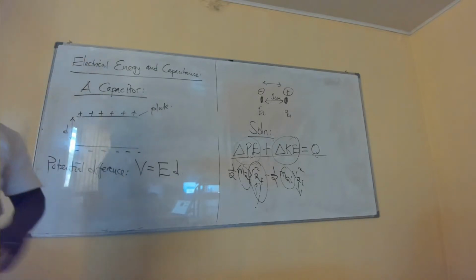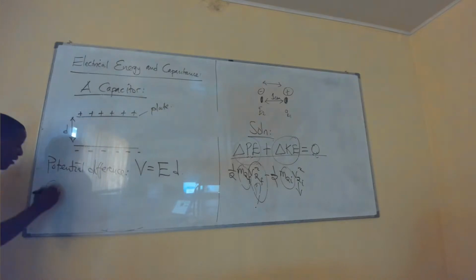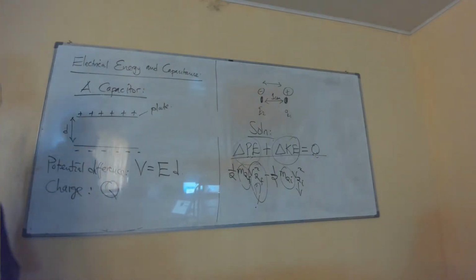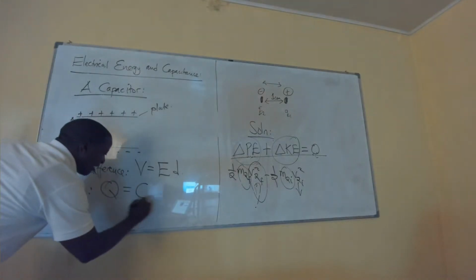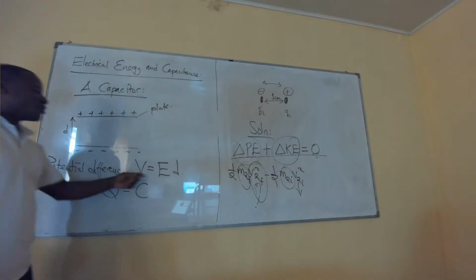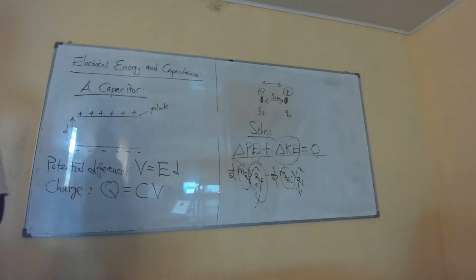But now, the charge that is stored, which we normally write as capital Q, is nothing but equal to the capacitance of this capacitor multiplied by the potential difference, which is V, as simple as that.